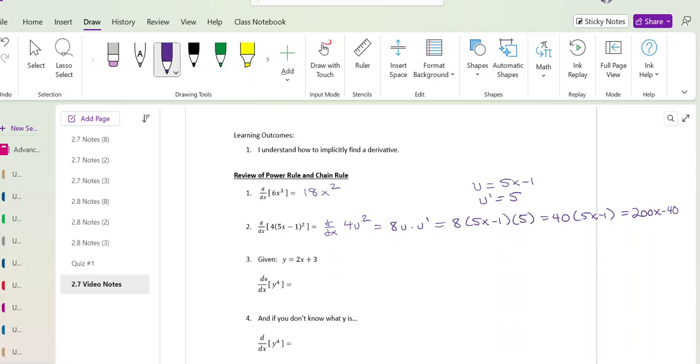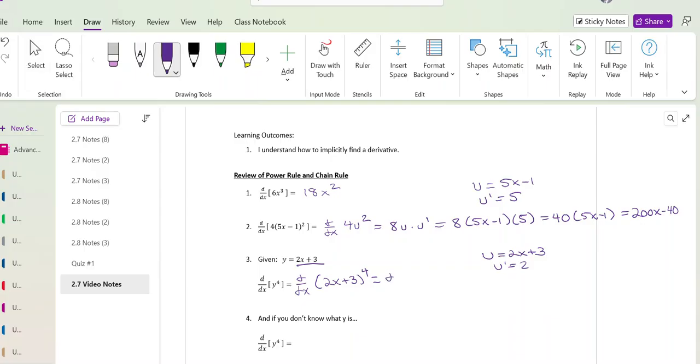Here, it says the derivative with respect to x of y to the fourth when it tells you what y is, 2x plus 3. So this is the same as saying the derivative with respect to x of 2x plus 3 to the fourth. So this is another chain rule where u is 2x plus 3 and u prime is 2, sorry.